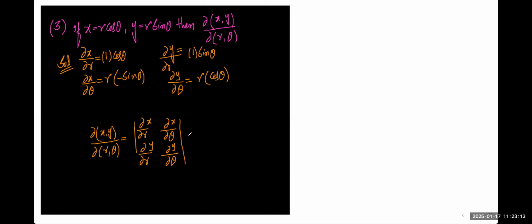We shall substitute all the values here. First row answer will be cos theta and minus r sin theta. And second row answer will be sin theta and r cos theta.